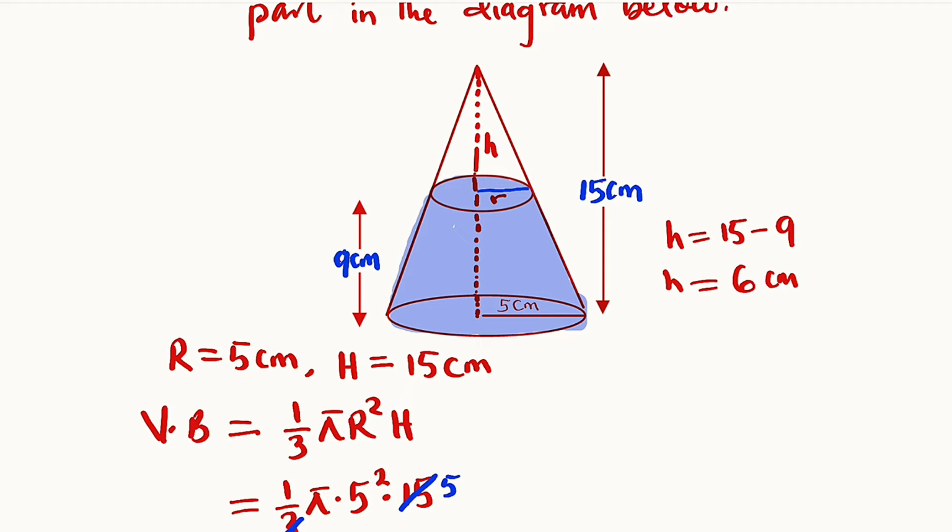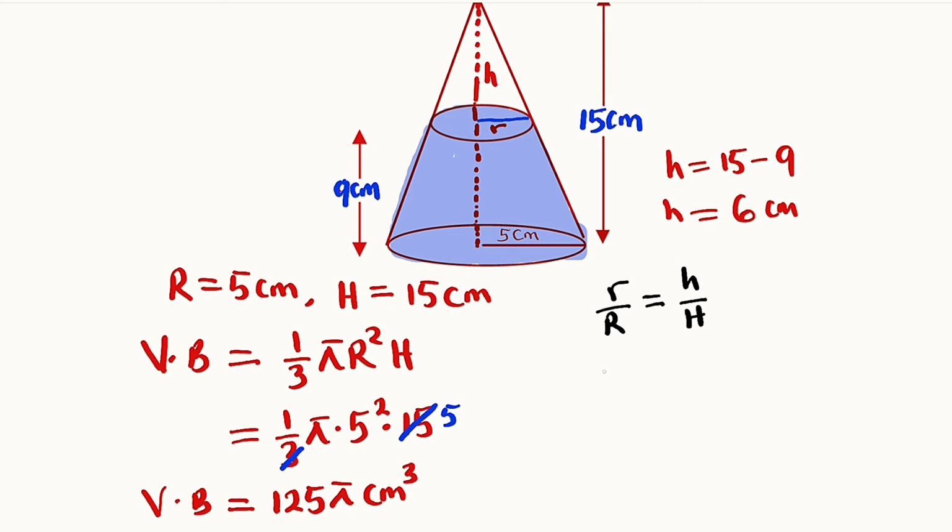Then how can we get the r? We can find the r by relating these two triangles. You can see we have a bigger right angle triangle right here, and a smaller one to the top. So we can relate them by a scale factor. The ratio of the smaller r to the bigger r will be equal to the ratio of the smaller h to the bigger h. Let's substitute. We are looking for the smaller r, don't forget, but the bigger r, remember, is 5 centimeters.